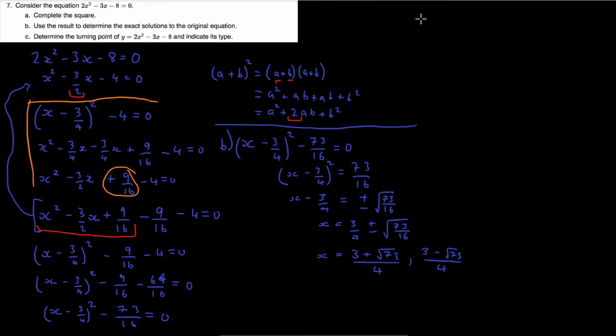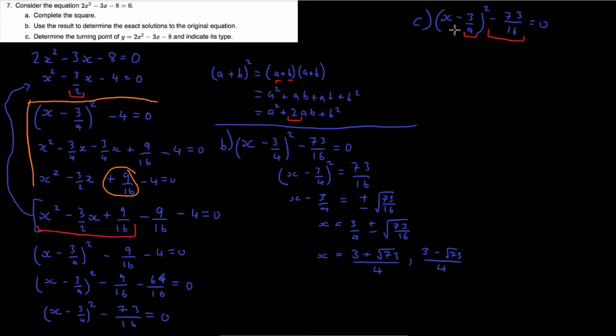Finally, we've got question C. Determine the turning point and indicate its type. Well, let's write down our equation that we're working with again. (x − 3/4)² − 73/16 = 0. Now, if you know the turning point, this part here is our h value, and this part here is our k value.